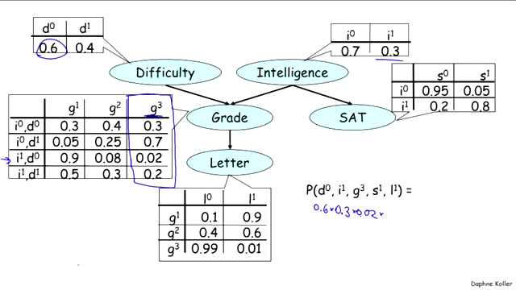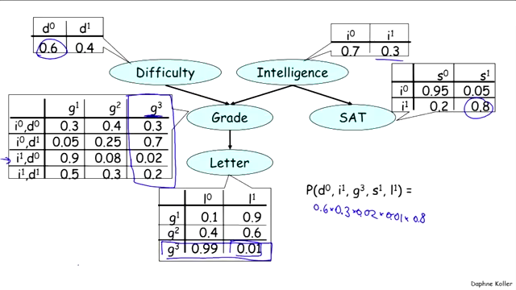Continuing on, we now have G3, so we want from this row, and we want the probability of L1, so we want this entry, 0.01. And finally, here we have the probability of S1 given I1, so that would be this one over here, 0.8. And in this exact same fashion, we're going to end up defining all of the entries in this joint probability distribution.